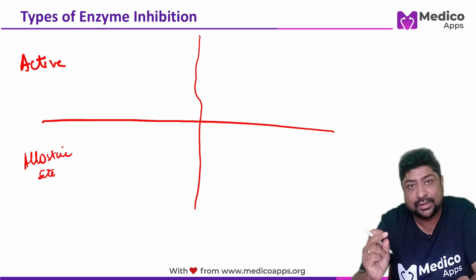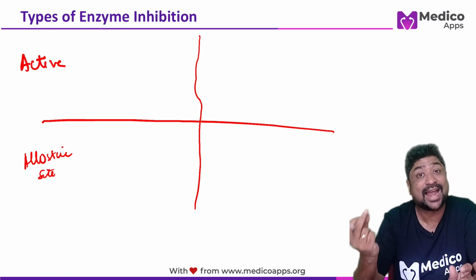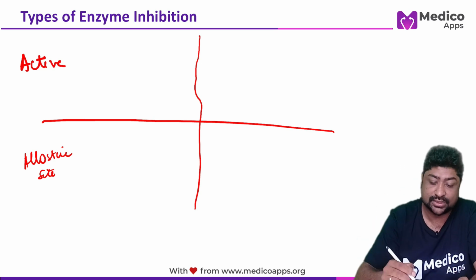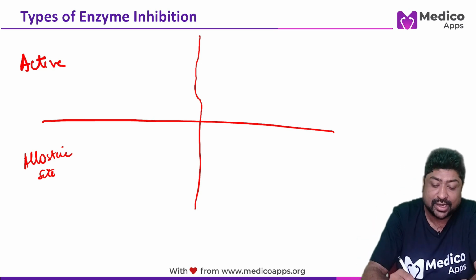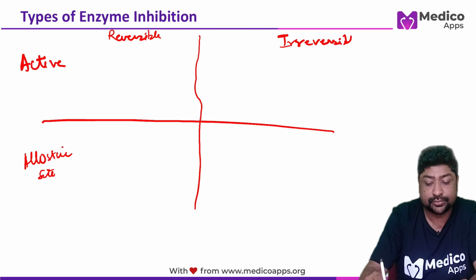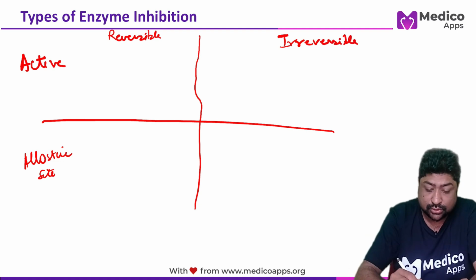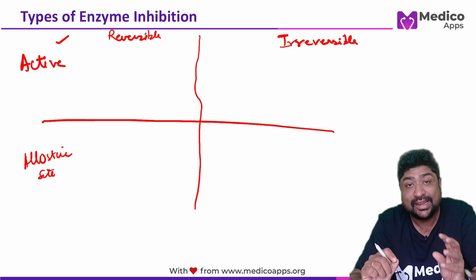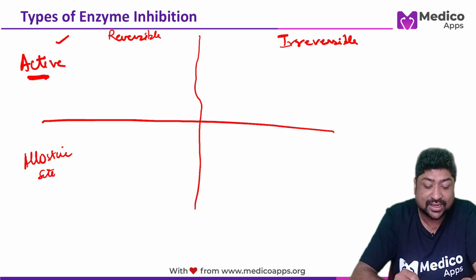So the enzyme inhibitor is acting on the active site or allosteric site, and the type of inhibition can be reversible or irreversible.